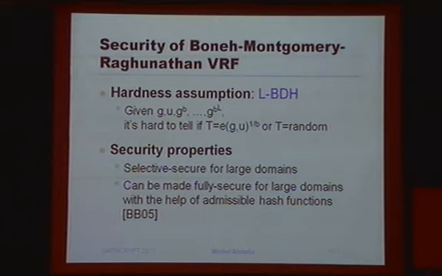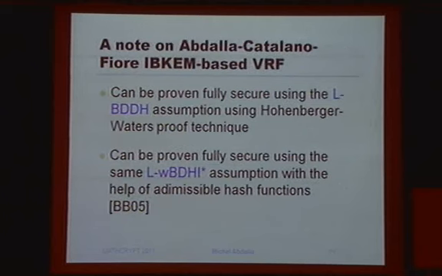And in fact, we can show that if we consider our scheme, the IBE that was used to build the VRF, using the same proof as Hohenberger and Waters, we can prove our scheme fully secure under the same assumption, the LBDDH assumption that they use in their proof.